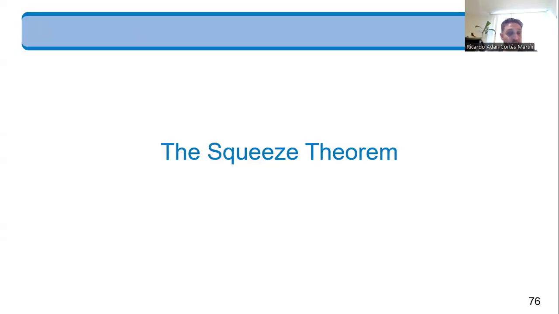We also have the squeeze theorem. That means that if we have a function and we can squeeze it between two functions that we know, we can get the limit of that.